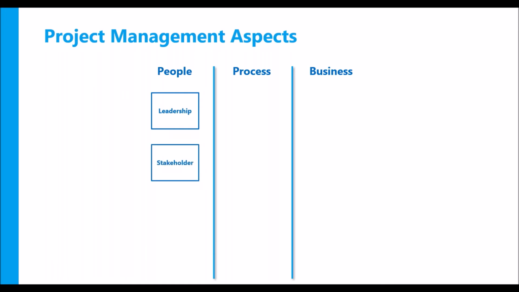Under people, you also have stakeholders. You not only manage your teams, you also communicate and collaborate with team members outside, right? Yogita says servant leader. That's a very good answer. It's very relevant to today's project management scenarios. Thank you. So under people, I'm putting leadership and stakeholder management.